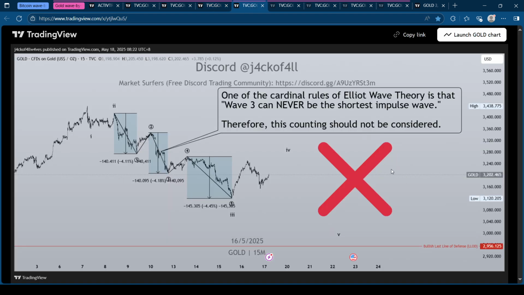Now, going back to what I said a while ago, the cardinal rules of Elliott wave theory. According to rule number 1, wave 3 can never be the shortest impulse wave.